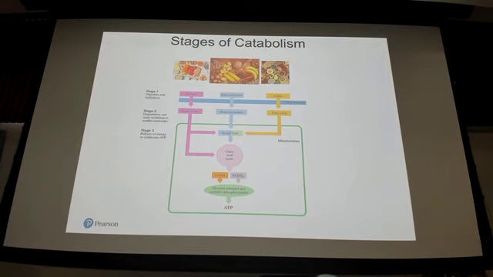So this diagram shows how all of our metabolism or catabolism, the breakdown of molecules, converge at the TCA cycle. And so there are three different stages. In the first stage, we consume macronutrients: proteins, polysaccharides, and lipids. Those first are digested into smaller molecules.